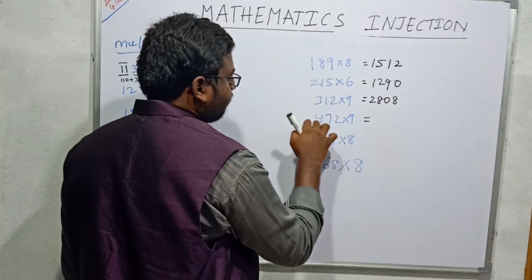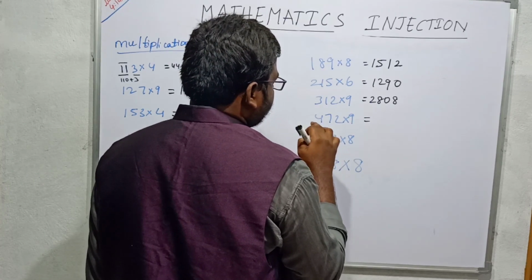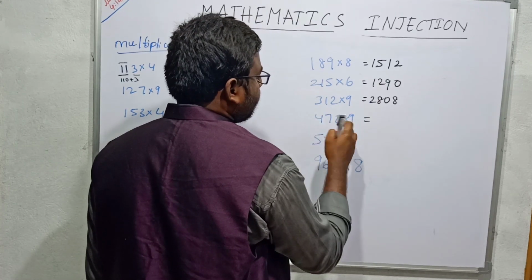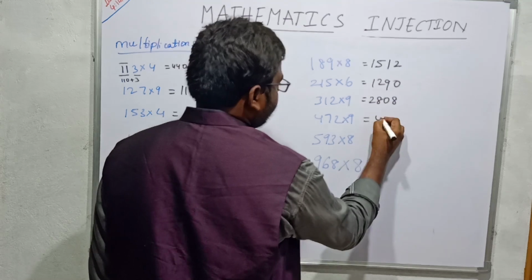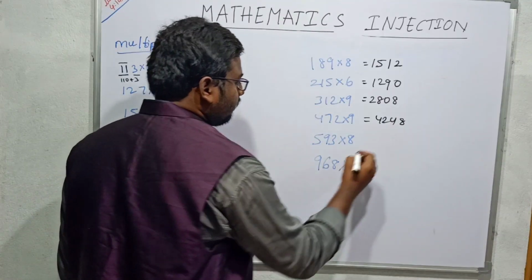So 9 4s are 36 plus 9 7s are 63. 36 plus 6 is 42. 423. 423 plus 1 is 424, and 8 will be the unit digit because 9 2s are 18.